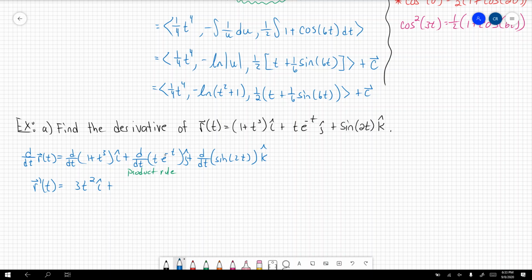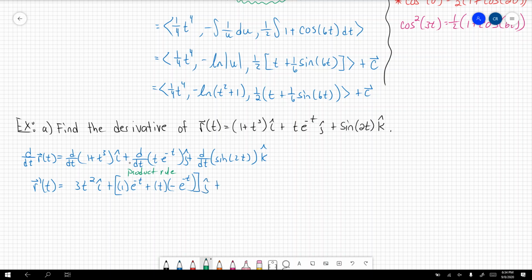Using this product rule, we take the derivative of the first, which is just 1, so that's 1 times e to the power of negative t, plus the first function, which is t, times the derivative of the second. So e to the power of negative t is the derivative of itself, and then you take the derivative of the exponent because it's negative t. That derivative will give us negative 1, so we multiply by negative 1. And all this is in the j component.